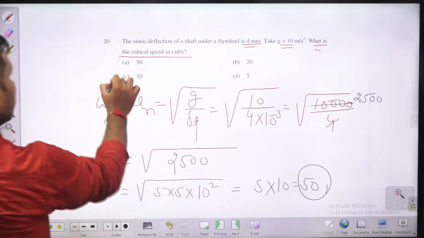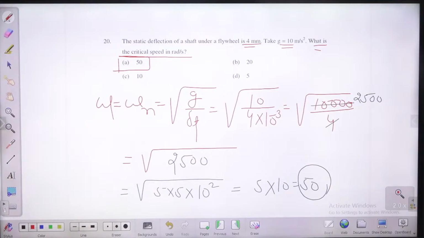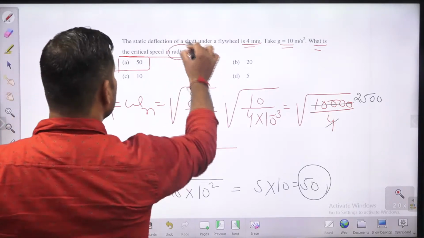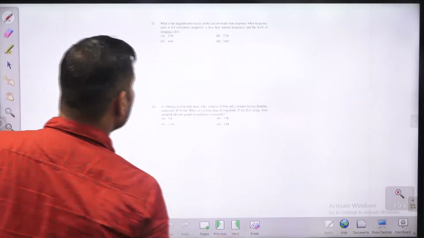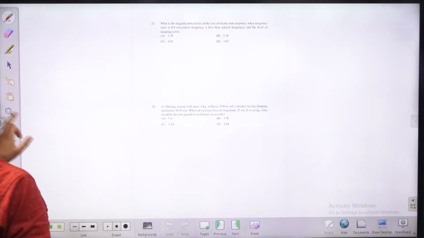Please check it out. Option A, 50 radian per second is the answer for this question. Please check the calculation. 50 radian per second is the answer. This is the critical or whirling speed in this case. Let us move to the next question, question number 21.